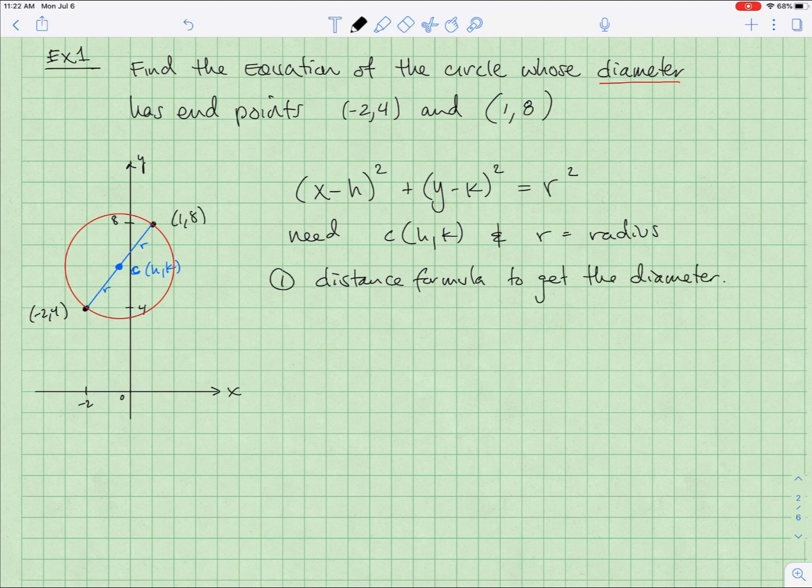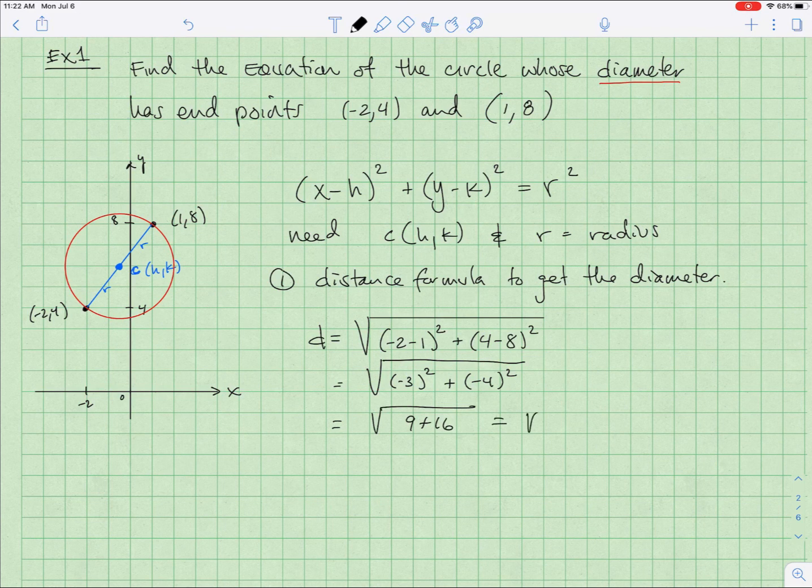In this particular case, the distance between the 2 points we're given, d, is the square root of negative 2 minus 1 quantity squared plus 4 minus 8 quantity squared, which is negative 3 squared plus negative 4 squared, square root, which is the square root of 9 plus 16, which is the square root of 25, which is 5.